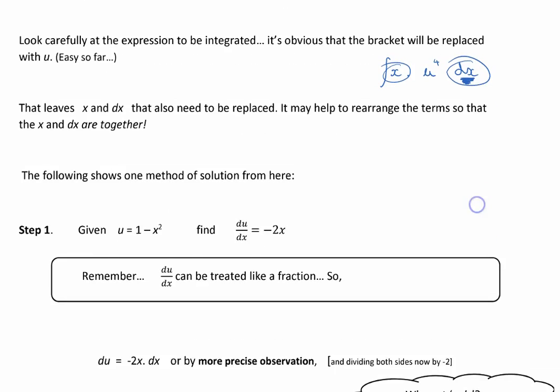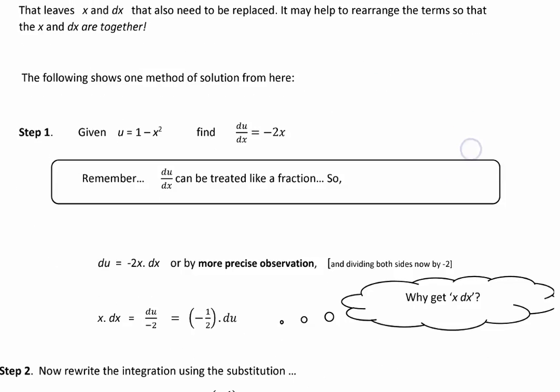Okay, one method would be, and you might see that other people do it differently, and if you prefer that, then that's fine, go with that. But I think this to me is pretty straightforward.